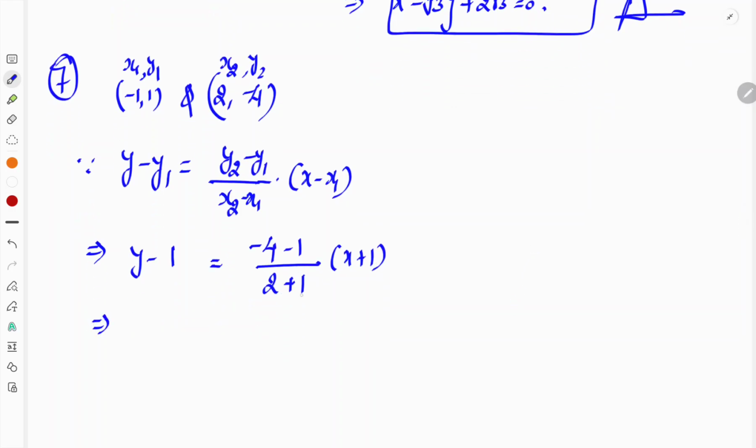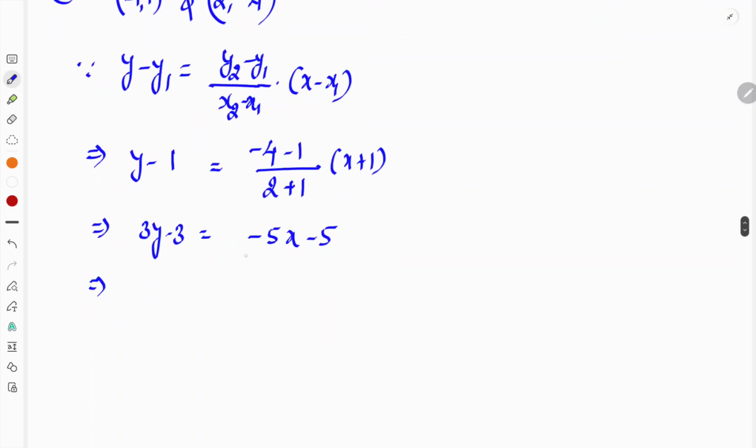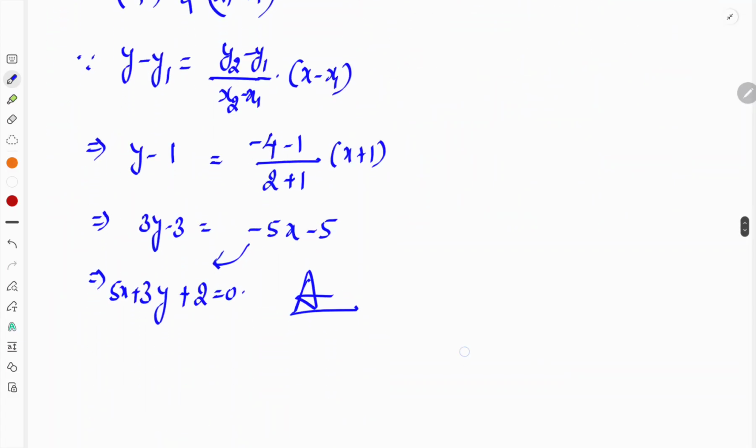Just cross multiplying, 3y minus 3 is equal to -5 times x minus 5. Take all things to this side. So shall I write x first: 5x plus 3y minus 3 plus 5 becomes +2 is equal to 0. So this is the answer of question number 7.